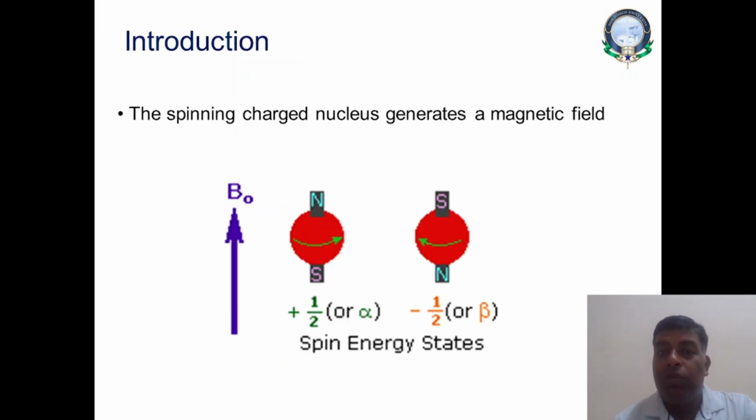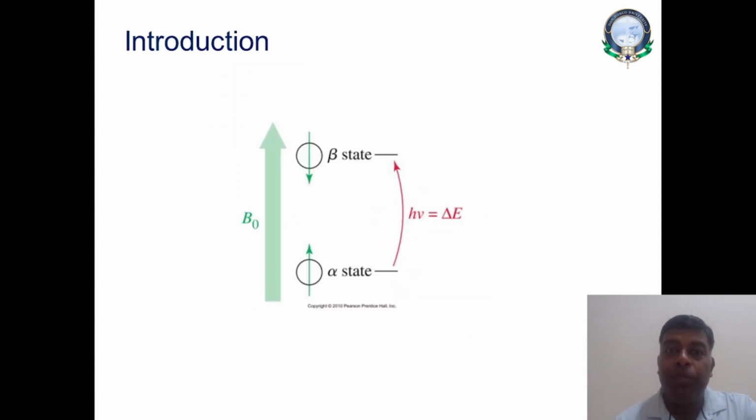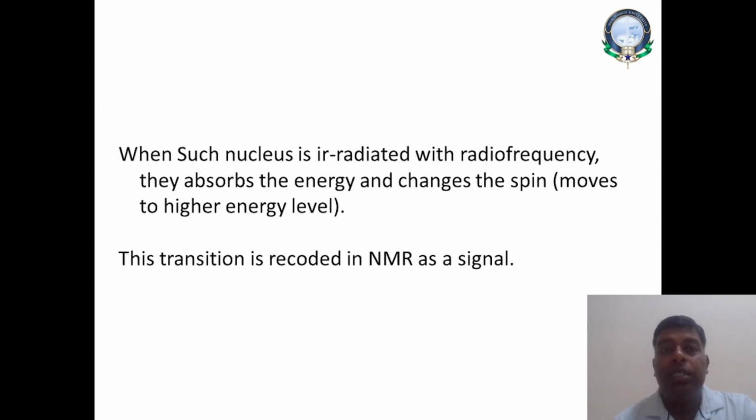The rotation changes from positive to negative, and negative to positive, from clockwise to anti-clockwise and anti-clockwise to clockwise. These are indicated by plus half or minus half energy states. With this transition, a signal is produced, and that signal is captured in the NMR spectra.